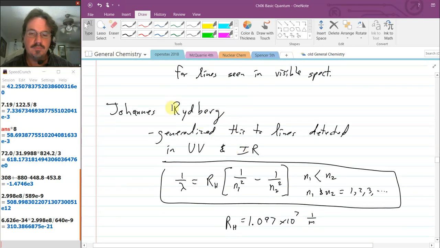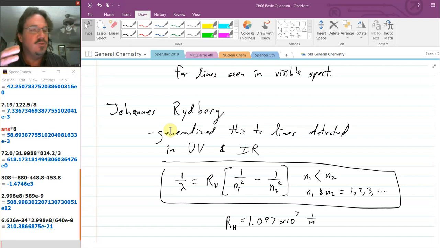Rydberg extended Balmer's theory, equation, right? He generalized that equation because he realized that, hey, why do you have to start at 3 and have a 2 squared? Why does it have to be 3, 4, 5? He realized that actually you could use any of the integers from 1, 2, 3 all the way up if you included not just the visible, but out into the IR and out into the UV.